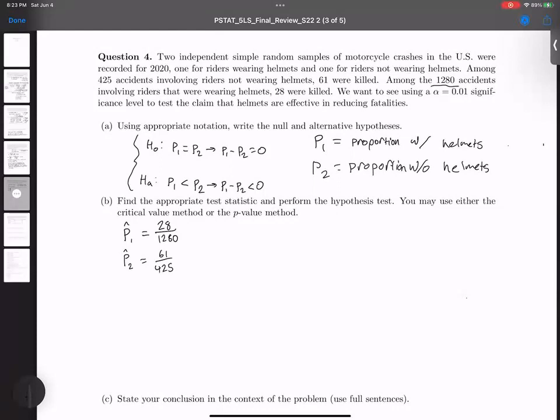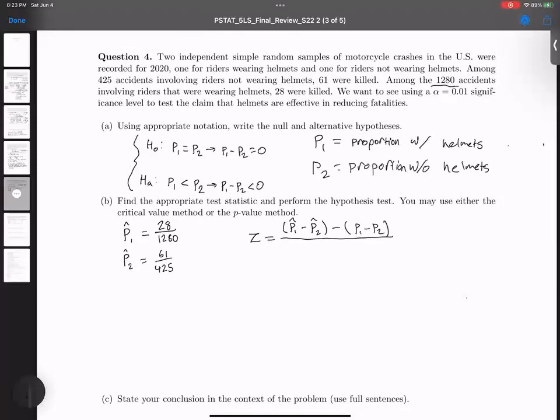Now I'm going to write out the formula for the test statistic. So we have that Z is equal to P1 hat minus P2 hat, minus what the assumed value of P1 minus P2 would be, which is 0. But I'm just going to write it out explicitly anyway.